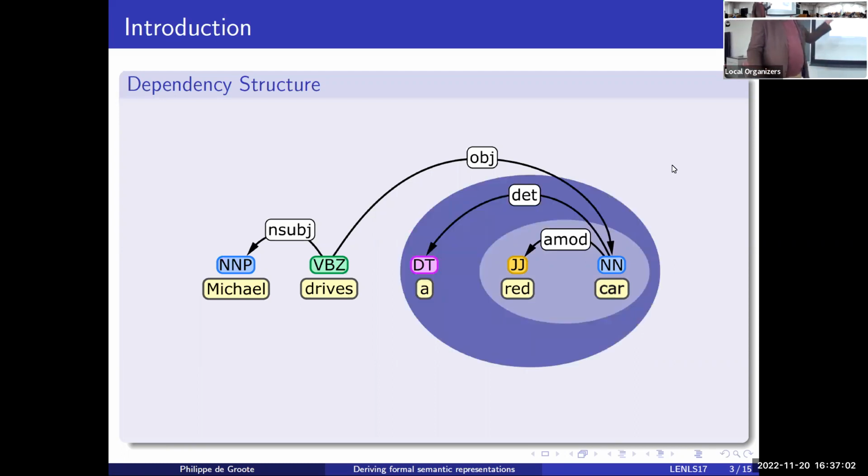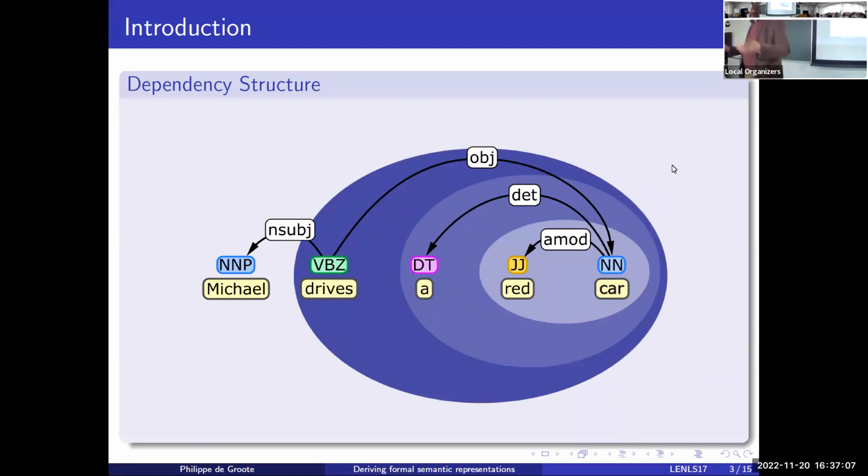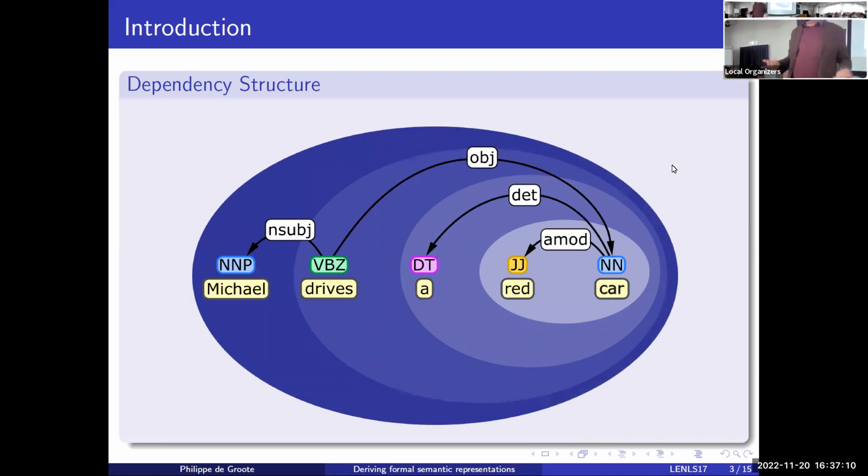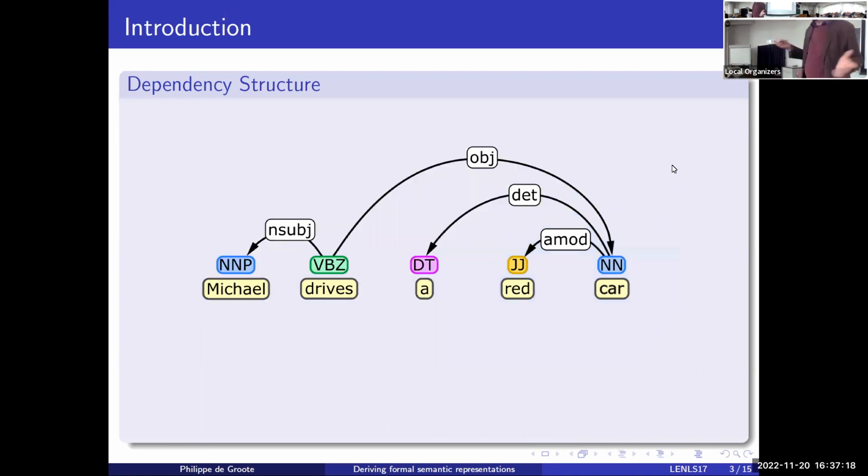A red car, that's the object, that's another constituent. Drive a red car, that's a verb phrase. And then finally, we obtain the sentence. But this information is not in the dependency structure. And actually, we do not want to use such external information. And from the dependency structure, you might guess that Michael drives is a constituent, which is not the case.